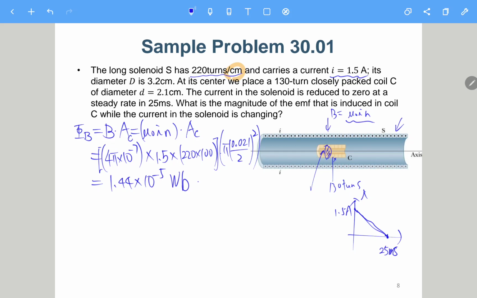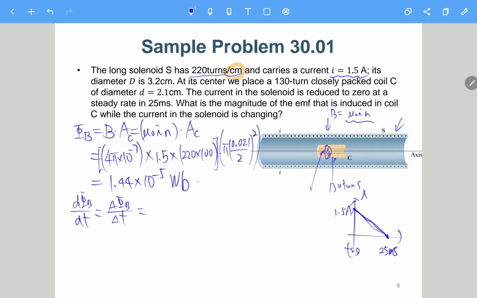This is for time equals 0, and then it will reduce steadily. Which means that at t equals 25 milliseconds, I is 0, so phi B is 0. As this current is reduced at a steady rate, phi B is also reduced at a steady rate. So d phi B dt we can write as delta phi B over delta t.